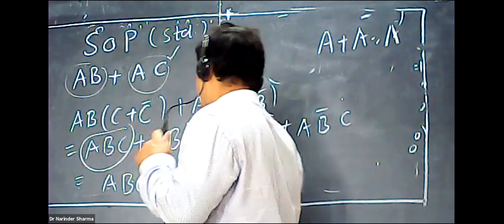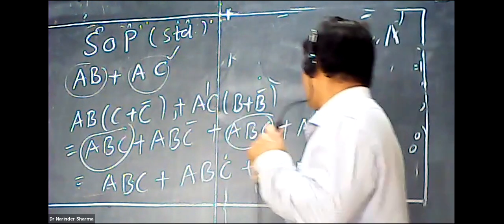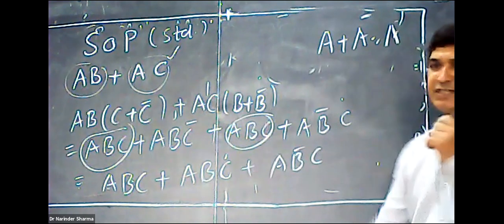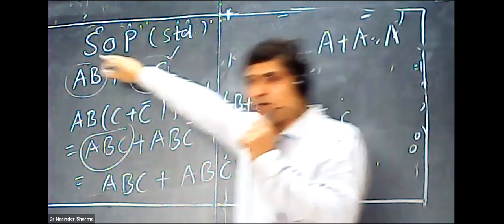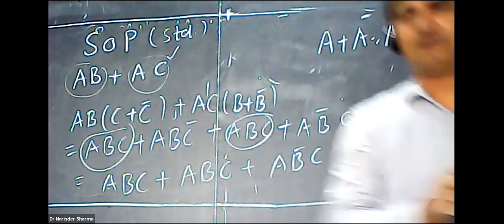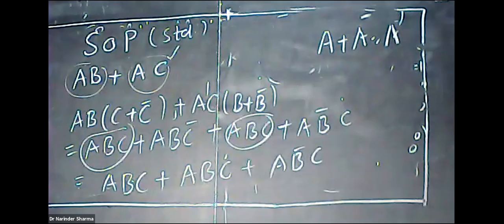Then there is ABC bar, and then the next one, AB bar C. So this is the conversion of sum of products to its standard SOP form.